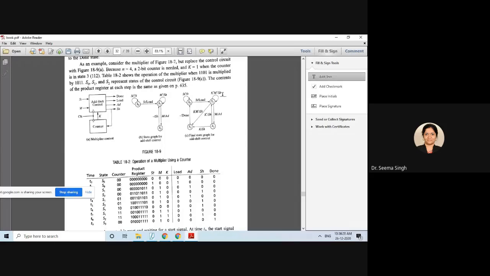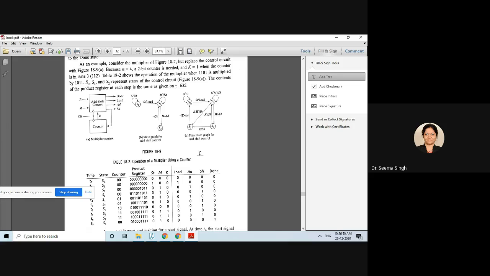Now what is this K? K will be the counter. Counter means what? If it is 4 bit, this K will become 1 only once these 4 bits are over. So these 4 bits will be fed to a counter.